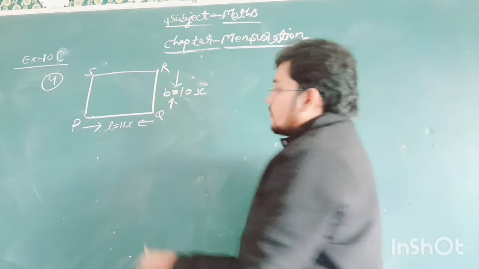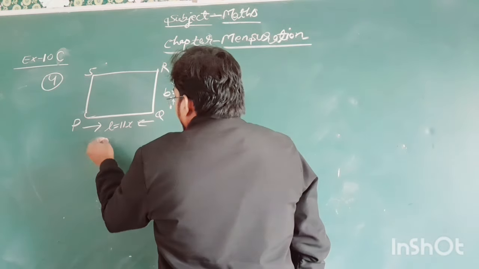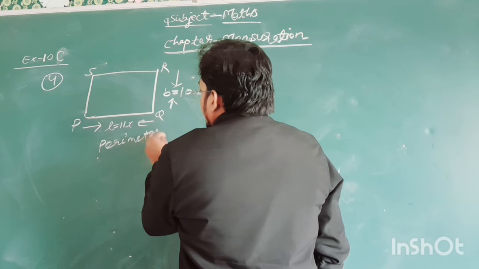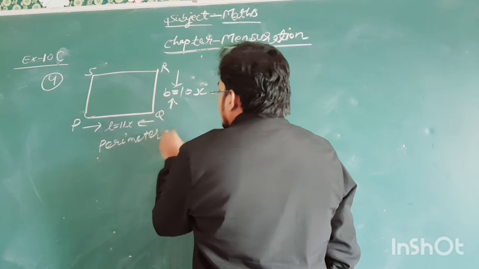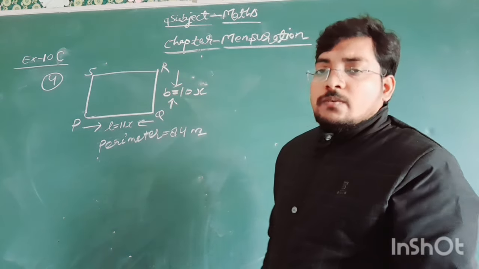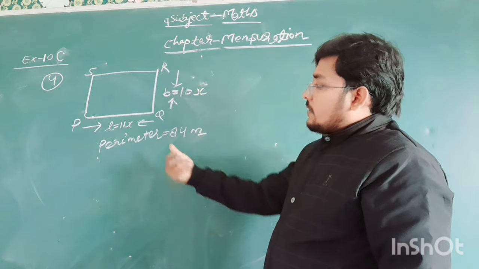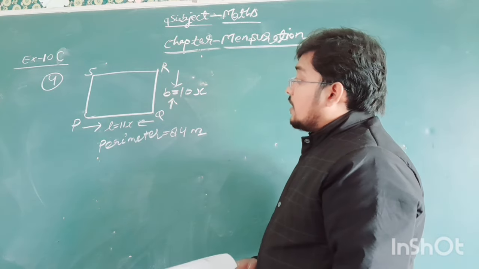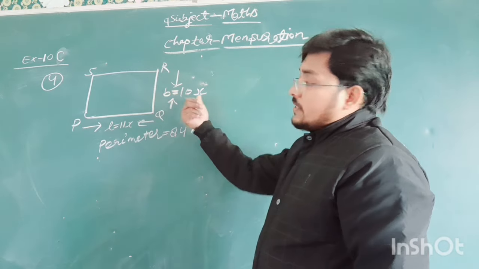And we know the perimeter of the rectangle is 84 meter. So we use the formula of perimeter of rectangle and find out the value of x.